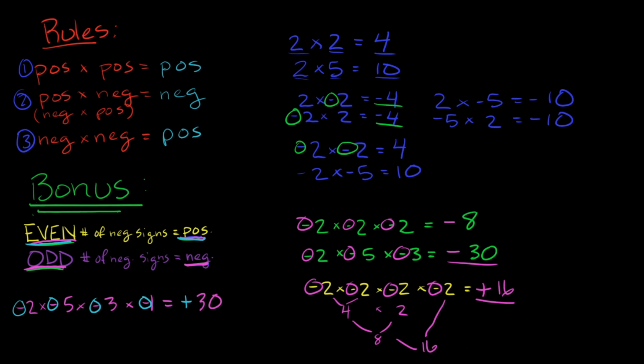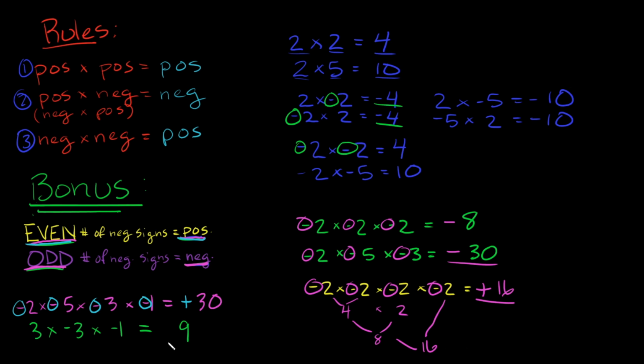Last one. Just a little extra bonus one. Why not? What if we had 3 times negative 3 times negative 1? What is that? Well, 3 times 3 is 9. 9 times 1 is 9.